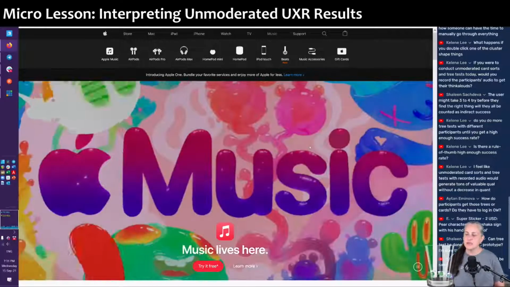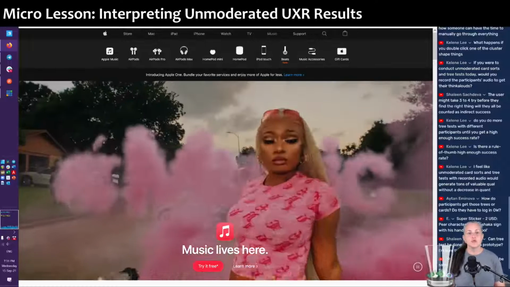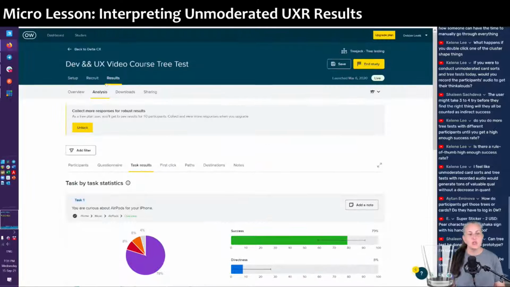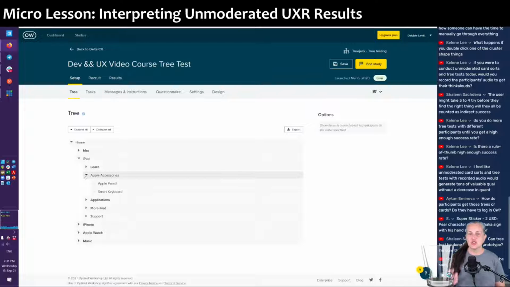Charlene says, can a tree test be done by using a prototype, but the results won't be the same? Well, remember, a tree test is done by showing people a totally naked hierarchy. They don't see a website. They don't see a prototype. They literally just see something that looks like this, like expand this, expand this. They pretty much just see this.